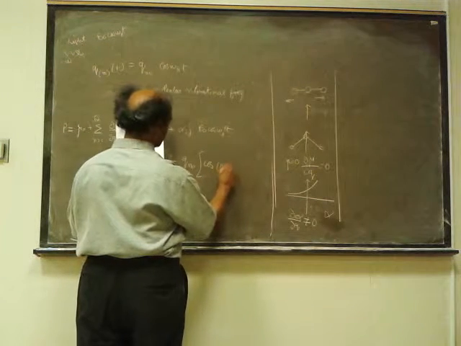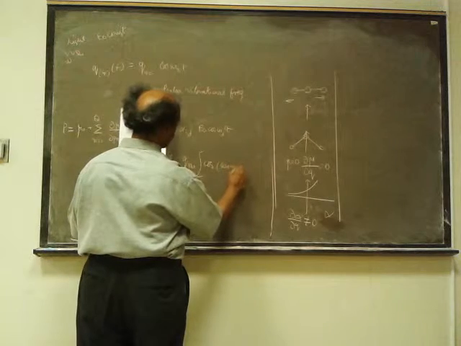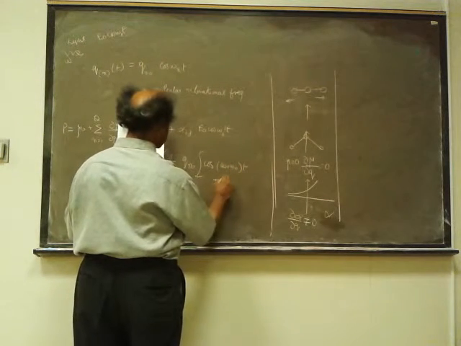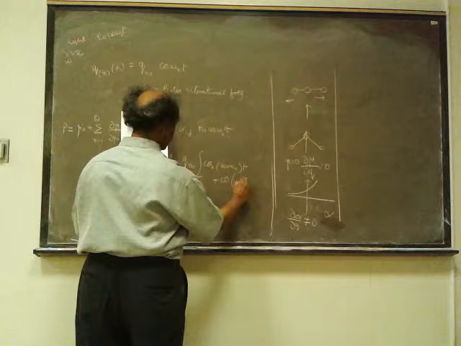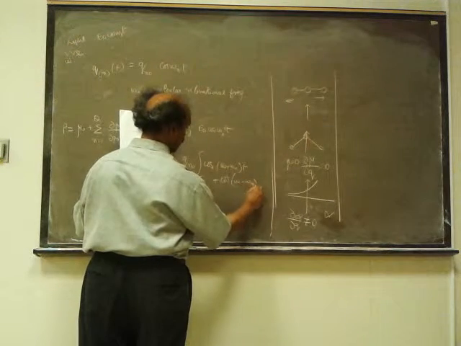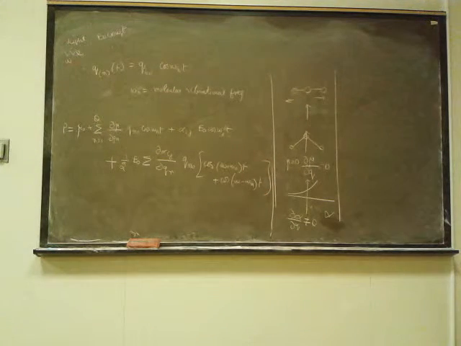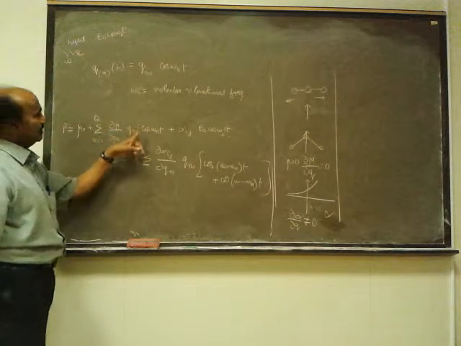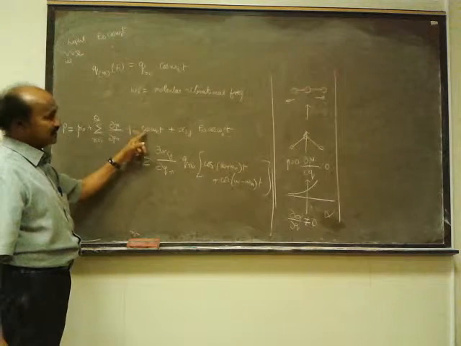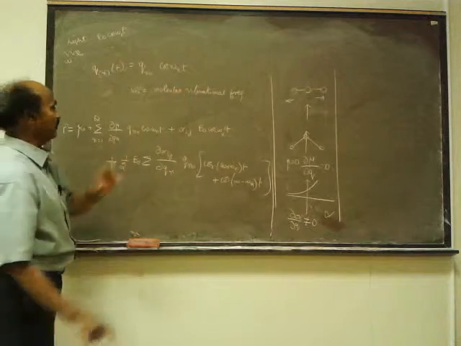Then you can easily do the rest of this. This will be cos (omega plus omega_n) t plus cos (omega minus omega_n) t. Now you can see this represents the infrared frequency corresponding to the vibrational frequency of the molecule.